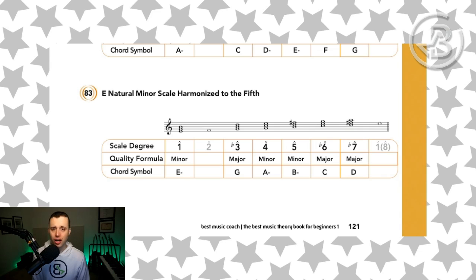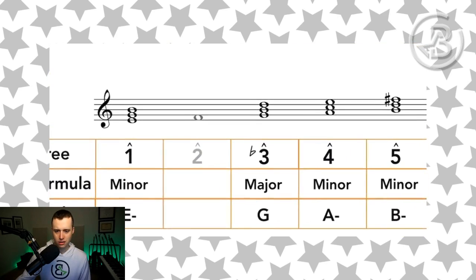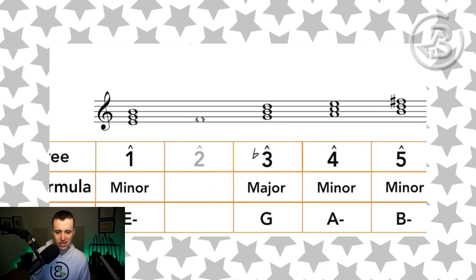In this lesson, you're going to understand what an E natural minor scale harmonized to the 5th looks like. So in keeping with our natural minor quality formula, we're going to go minor, skip scale degree 2, major, minor, minor, major, major. And you can see that the root of all of these triads is sure enough just the E natural minor scale.